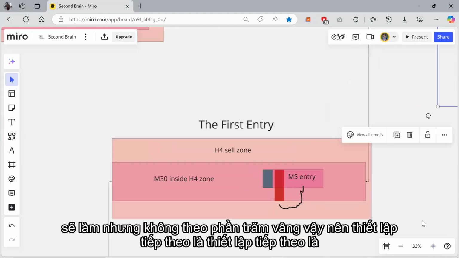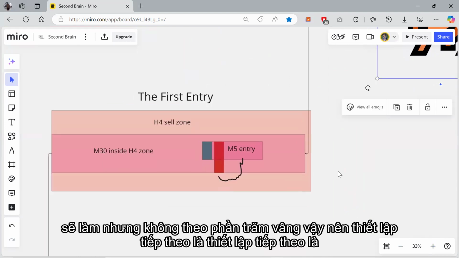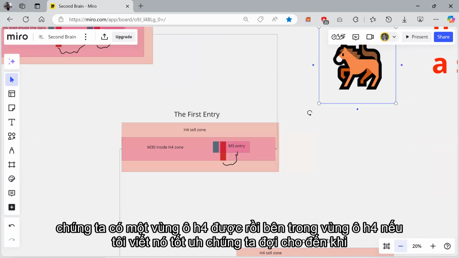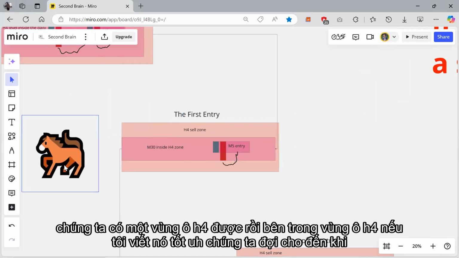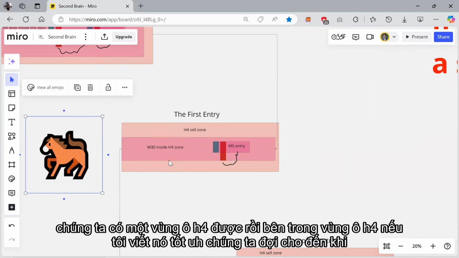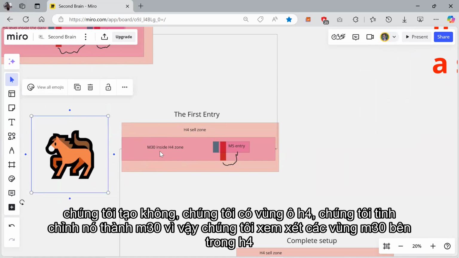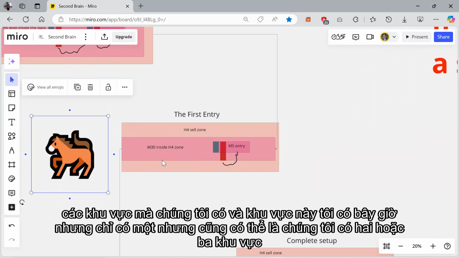So the next setup is, we have an H4 sell zone. Inside the H4 sell zone, we refine it to M30, so we look at M30 zones inside the H4 zone.